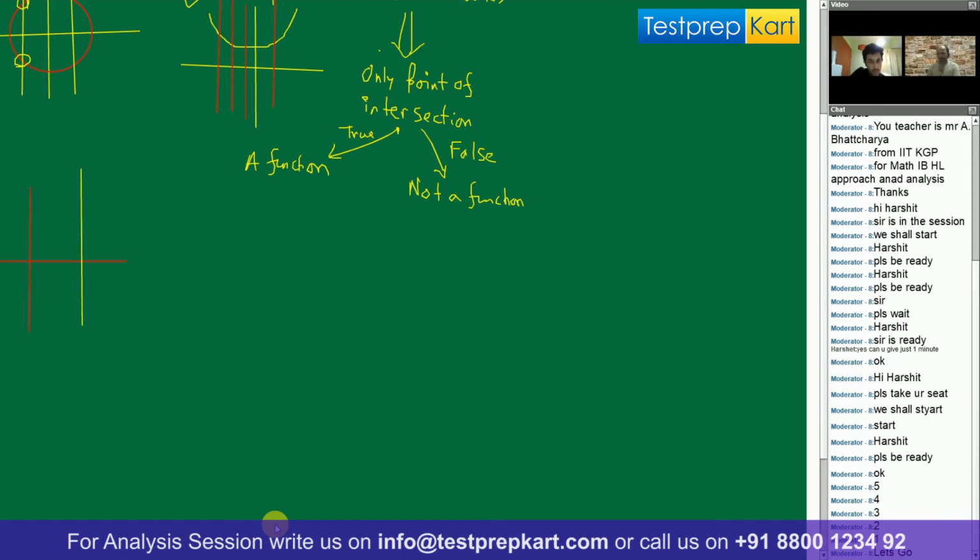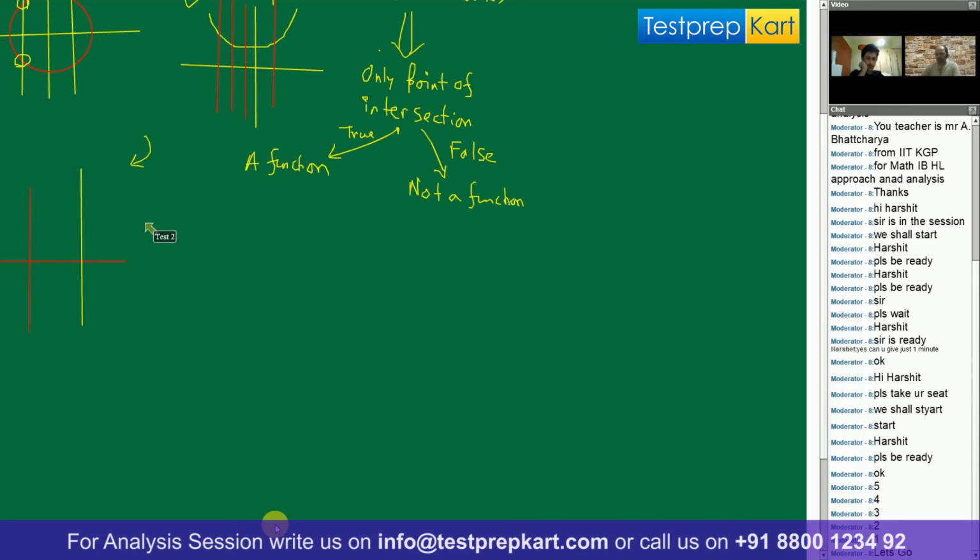Where does it intersect? Over here, where the x-axis is. Actually, the x-axis won't work. To check whether it is a function or not, we have to rely only on the vertical line test. For a graph, we only have to rely on the vertical line test.